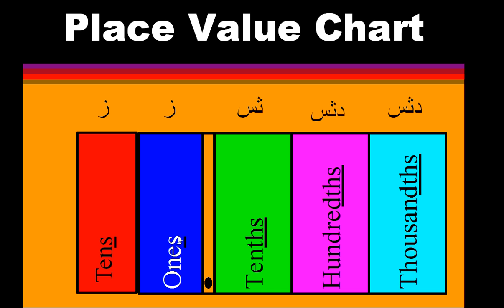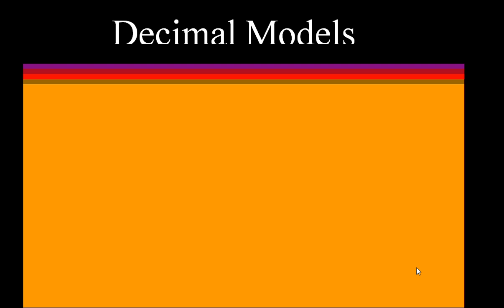And notice the decimal point. On the left-hand side are the ones and the tens. To the right-hand side, you have the tenths, hundredths, and thousandths. So just do a little practice here with the pronunciation and you'll get it in no time.